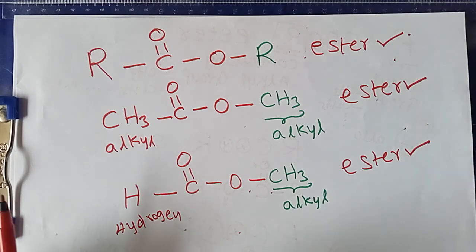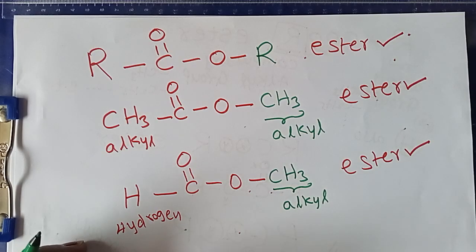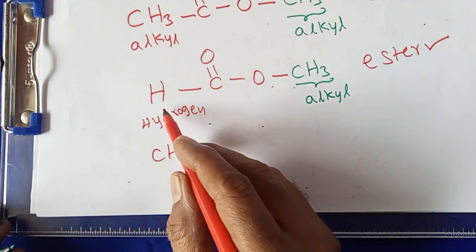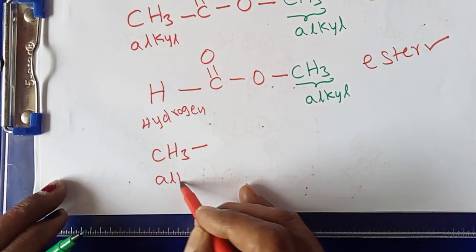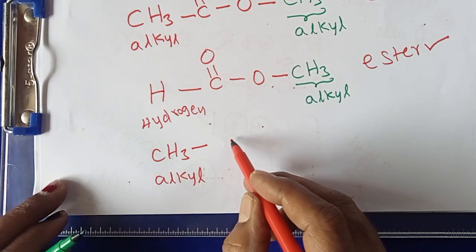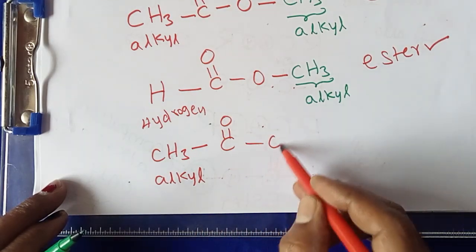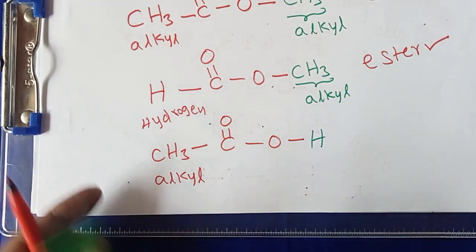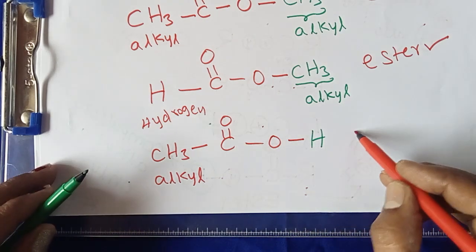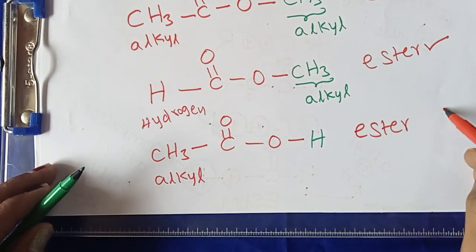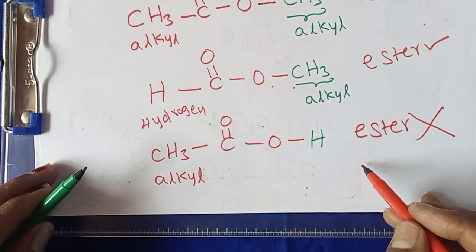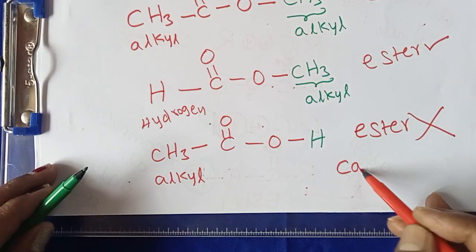Now hydrogen or alkyl you can take here. For example, CH3 is here, this is the CH3 alkyl. Next, C double bond O. Instead of this alkyl, I take hydrogen. In this case, this is not an ester functional group. No, it is not ester. This is carboxylic acid.